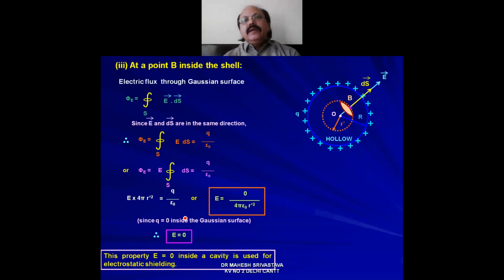So inside the spherical shell, we say that there is a point B, then we take a closed surface represented by these dotted lines.